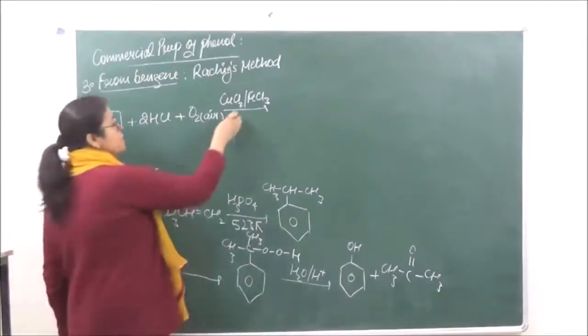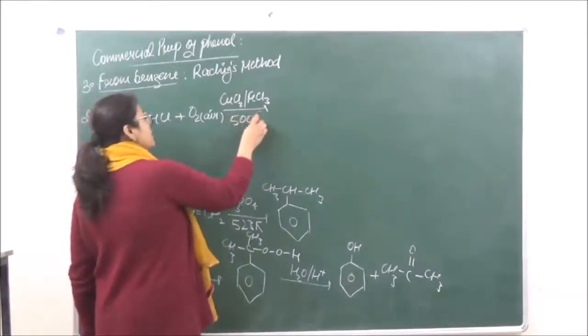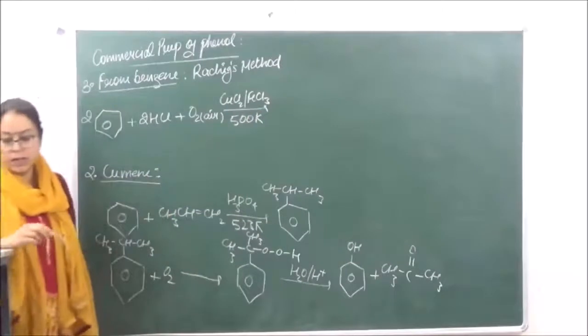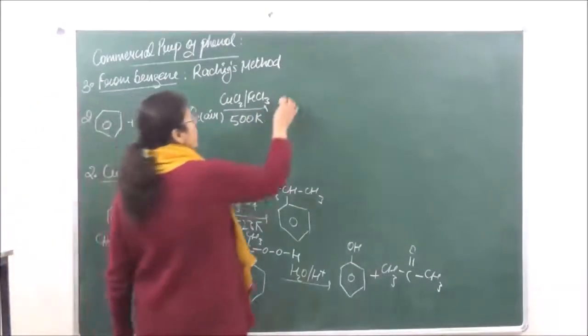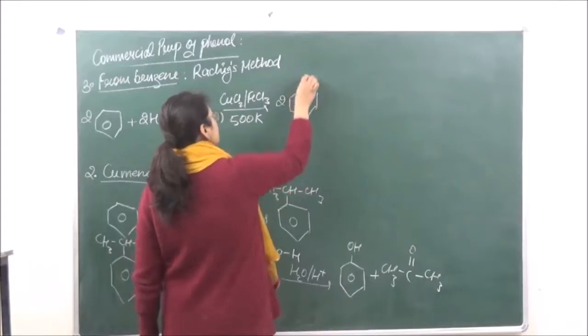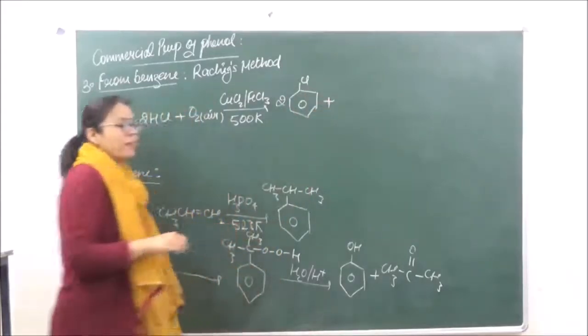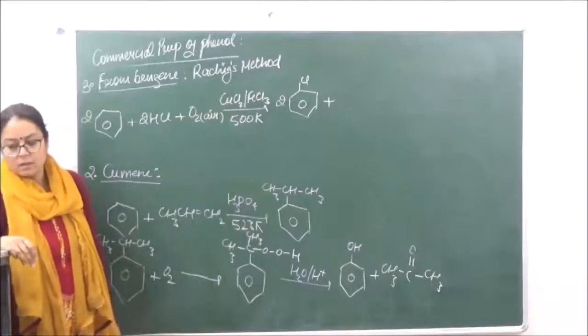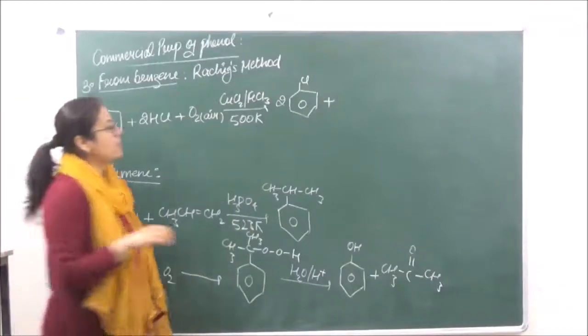The reaction takes place at 500 Kelvin. Okay. So over here we are going to get 2 molecules of chlorobenzene plus water.